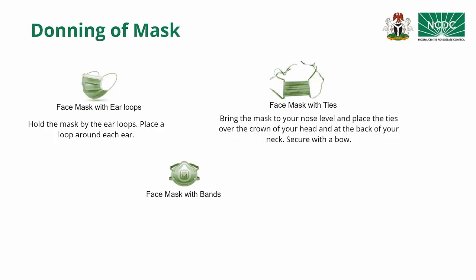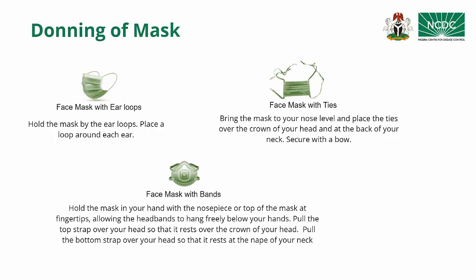For a face mask with bands, hold the mask in your hand with the nose piece or top of the mask at fingertips, allowing the headbands to hang freely below your hands. Pull the top strap over your head so that it rests over the crown of your head, and then pull the bottom strap over your head so that it rests at the nape of your neck.